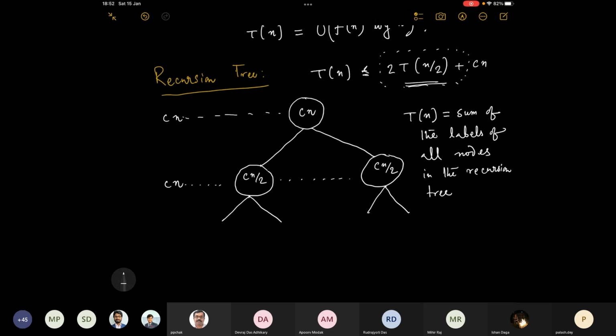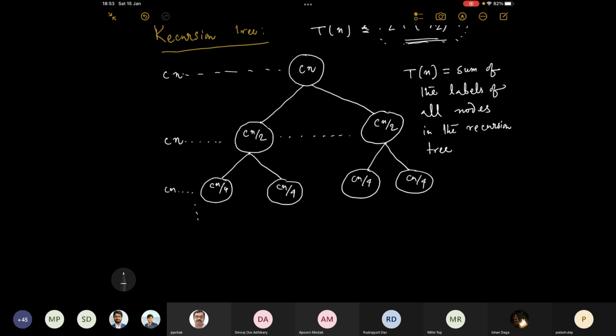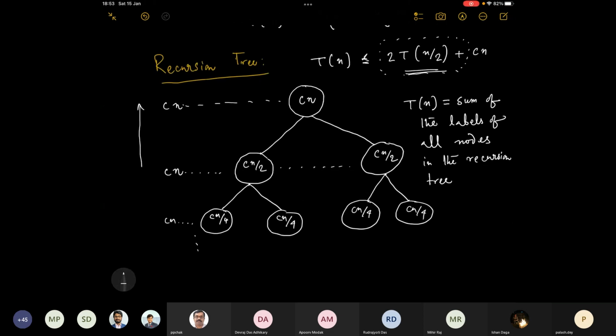For the third level, I have 4 nodes, each Cn/4. If I add 4 Cn/4, I again get Cn, and so on. And when will it end? What will be the depth of this tree? The depth will be log n, because the depth of this recursion is log n base 2.